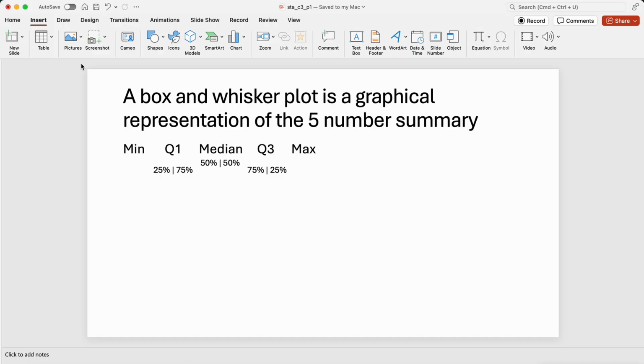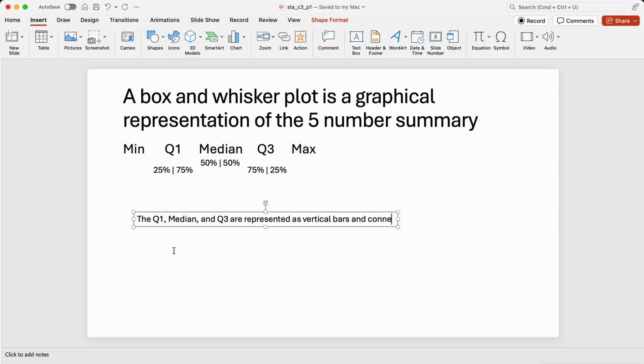Now, from there, what we can do is say the Q1, median and Q3 are represented as vertical bars and connected horizontally to form a rectangle.